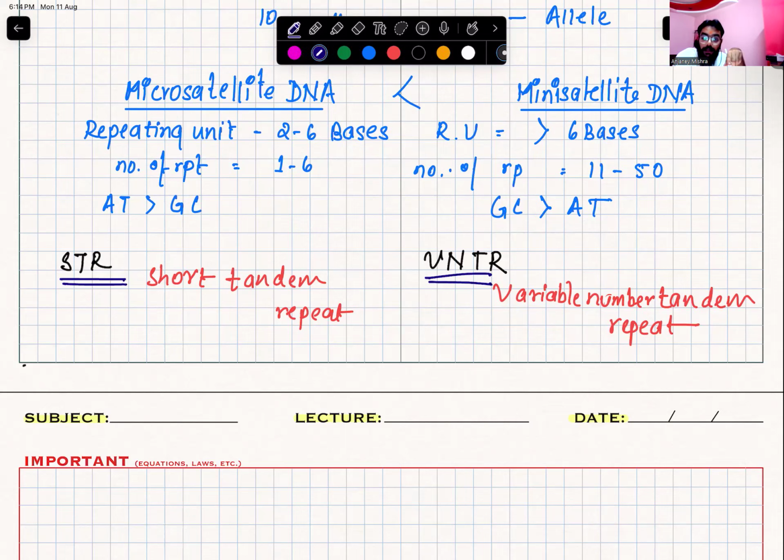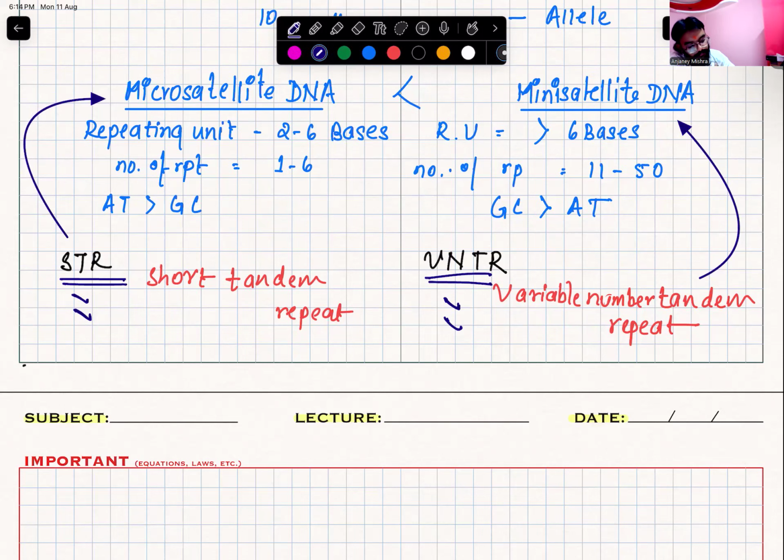Microsatellite shows short tandem repeat and minisatellite shows variable number tandem repeat. You'll understand how. What short tandem repeat is trying to say is that when you have small repeating units which have repeated a small number of times, then what you get is called short tandem repeat. But if you have large repeating units which have repeated a large number of times, then it is called variable number tandem repeat. So variable number tandem repeat is seen in minisatellite and short tandem repeat is seen in microsatellite.